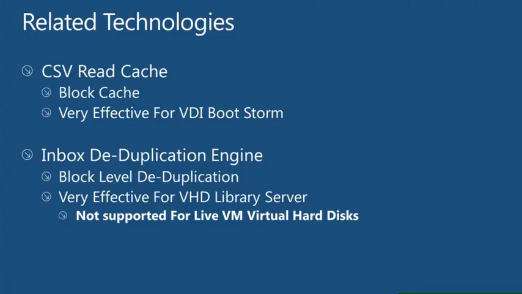If you think about the classic library server, you have tons of VHDs there that span multiple OS versions. But what we have found is that they all have a common set of blocks, because of all these DLLs and everything else, and they dedupe really well. I've seen a library server go from 1 terabyte all the way down to 40 gigabytes. You have that much potential for saving.